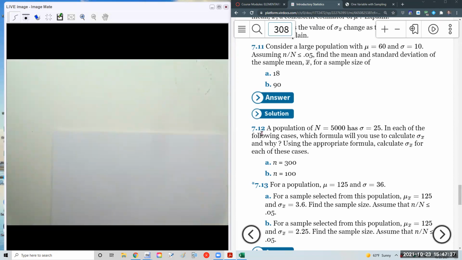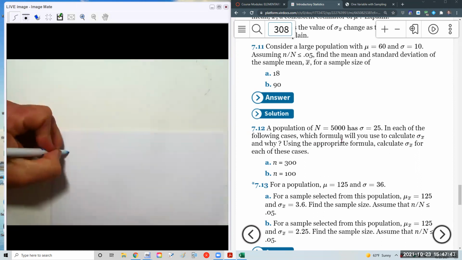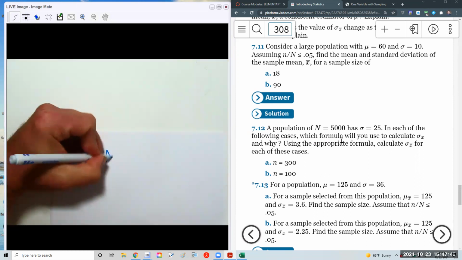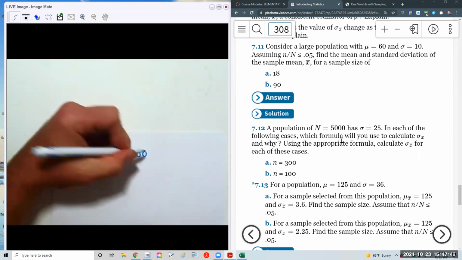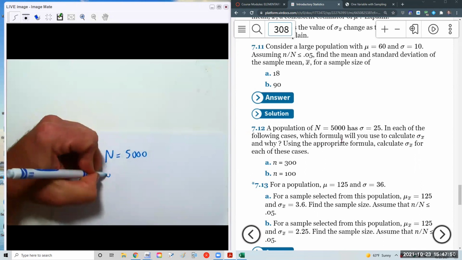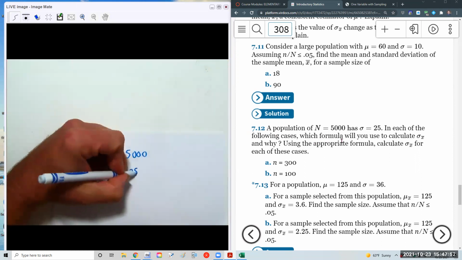And 712, a population of n equals 5,000, so the population size is 5,000, has a standard deviation of 25.